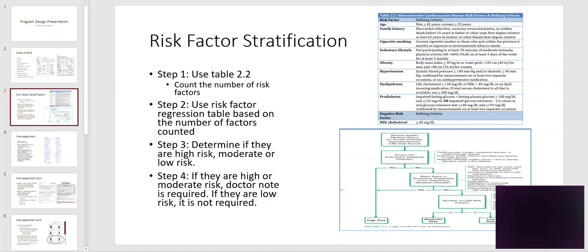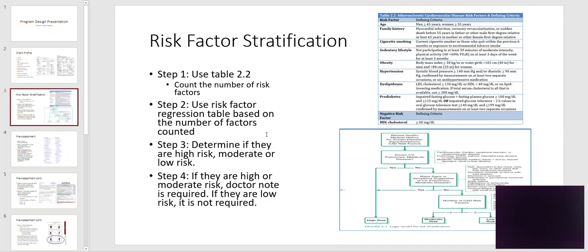All right. The third step is determine if they are high risk, moderate, or low risk. And like I said within the PowerPoint, if they are high or moderate risk, a doctor note is required, and if they are low risk, it's not required. So that is risk factor stratification, and that's where you can find the medical clearance form if you need it.